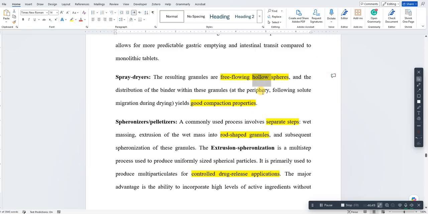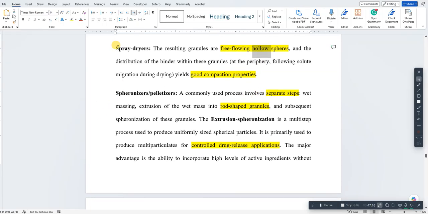Hollow, meaning from inside it's space. Why does this happen? Because after you spray the droplets or the solution or the suspension, the liquid will evaporate. It evaporates from inside to outside, so from inside it becomes hollow. Right, so we have the spray dryer.